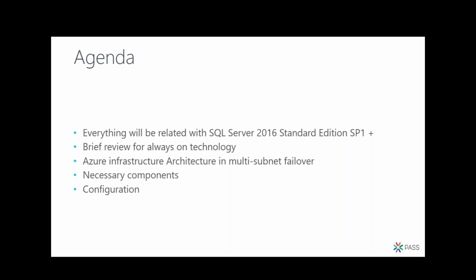For this presentation, in order to make the demo easier and take less time, I'm going to do the implementation in two subnets and two VNets in the same data center. But this can be done in two VNets in different data centers. The only difference is that you then need to implement site-to-site VPN. But apart from that, it works exactly the same.